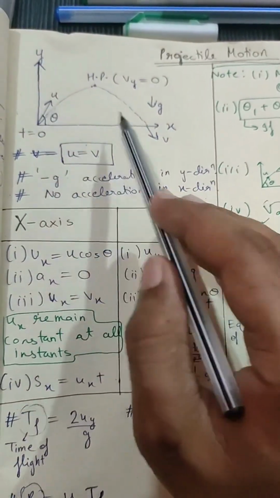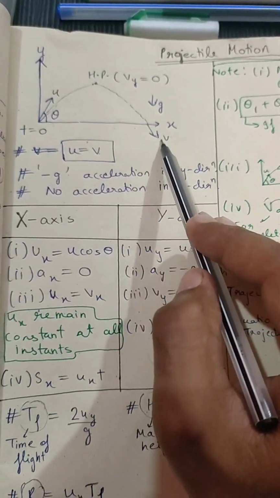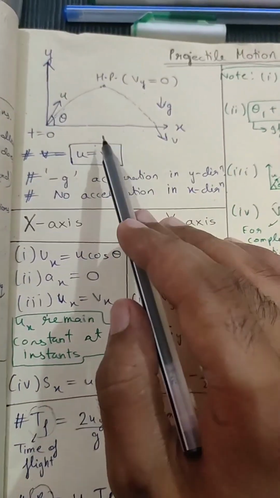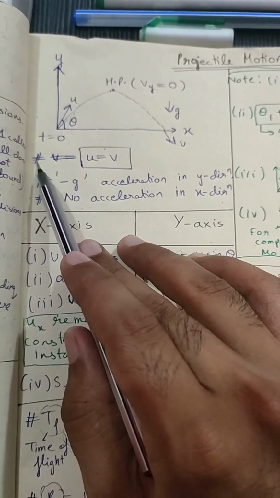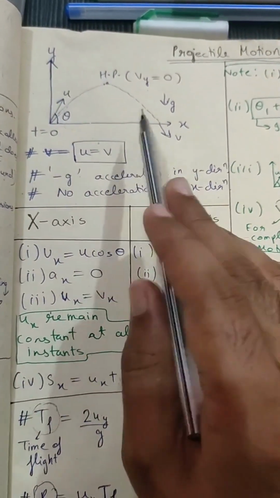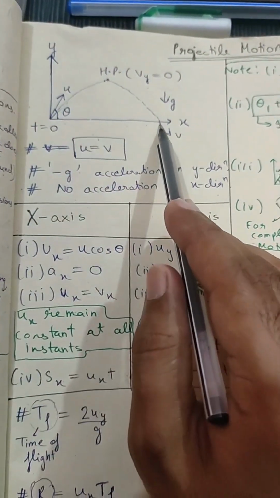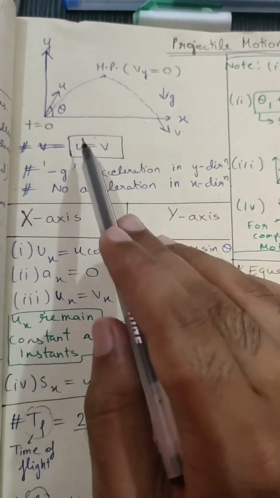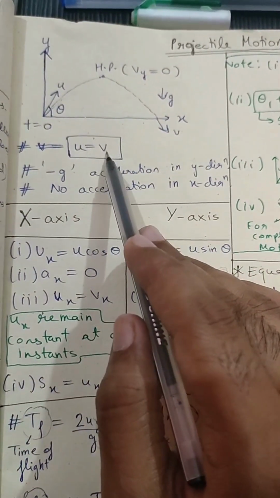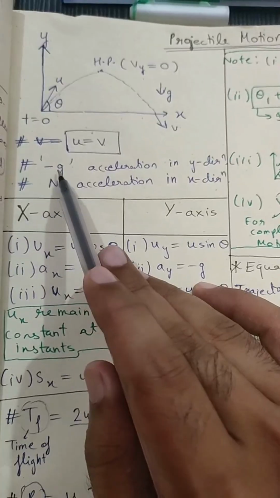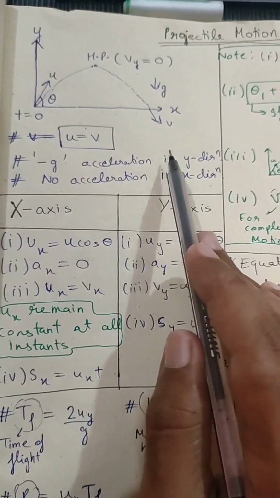The ball travels with u, and at the ground it reaches with velocity v. An important thing about this motion is that the velocity with which we start is the same velocity which we reach at the ground. So u is equal to v minus deceleration in y direction.